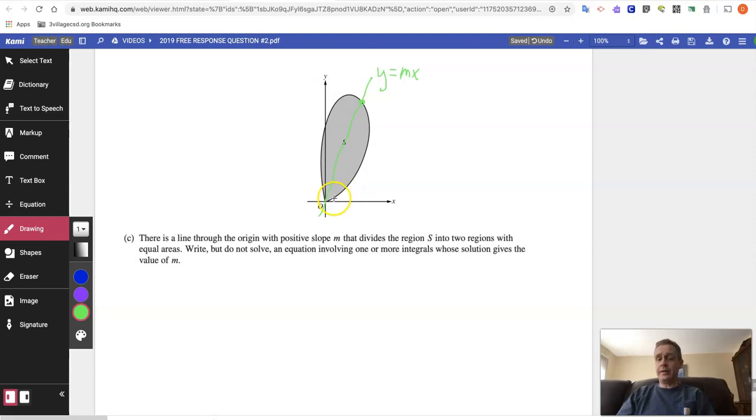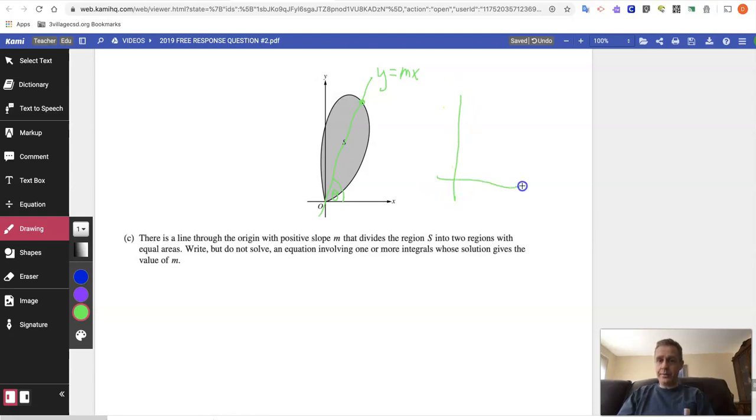To find, say, the area of this side of the region, we could set up a definite integral like we did in part A. The integrand would be r theta, and the lower limit should be 0, and as we rotate around, when we get up to this point here, that angle there, which I'll call theta, would be the upper limit of integration to give us the area of this region here, which should be half of S. So if we can solve for what this angle theta is, we'd be golden, we would have our answer.